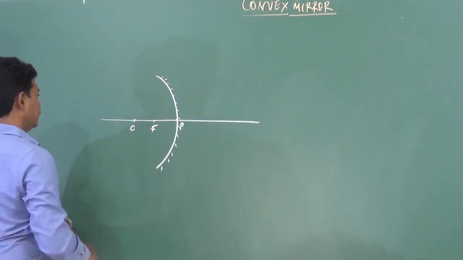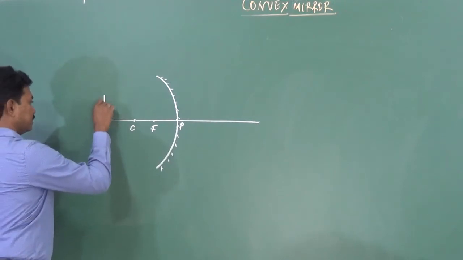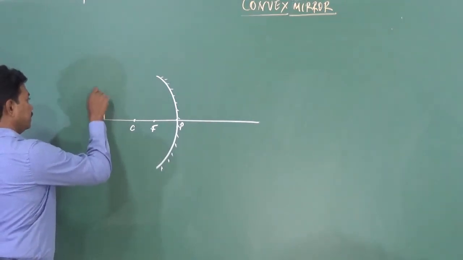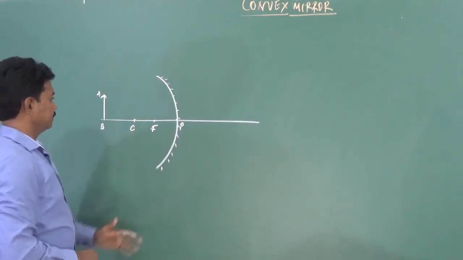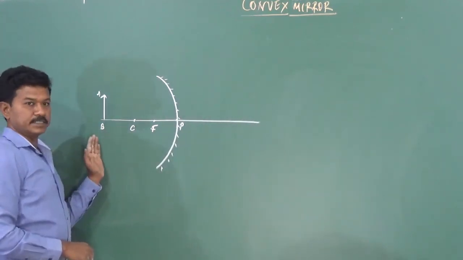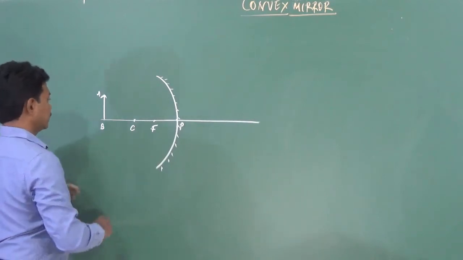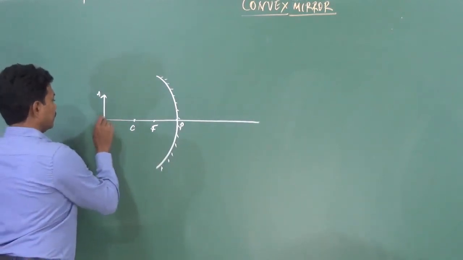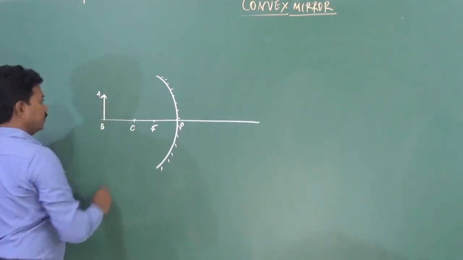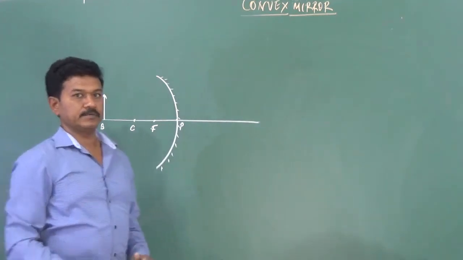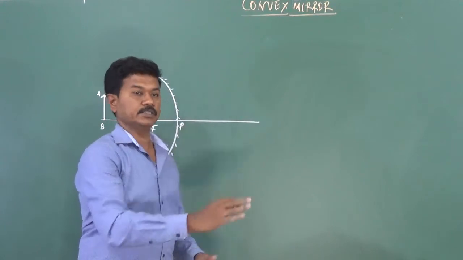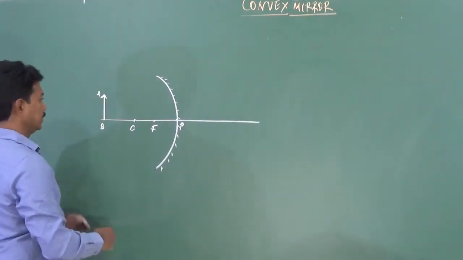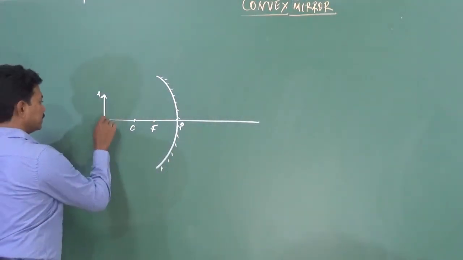Okay. So here, let us consider AB as the object, kept in front of the mirror, beyond C. We know the Cartesian sign conventions, which we have discussed in the previous class. So here, AB is the object.